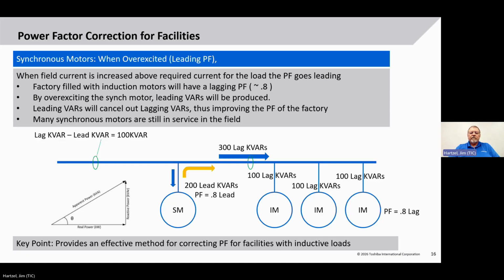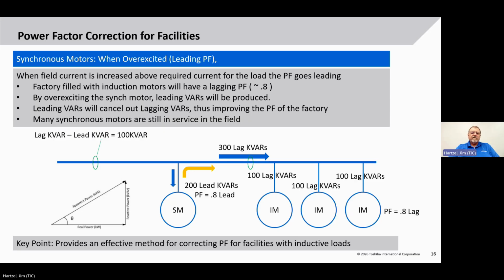So if we look at these 3 induction motors, and let's say they each are producing about 100 kVAR of lagging power factor, or lagging VARs, kilovars actually. And if we can put a synchronous motor in on the same power line, and we can run it in a leading power factor, it will supply leading VARs that will cancel out the lagging VARs.